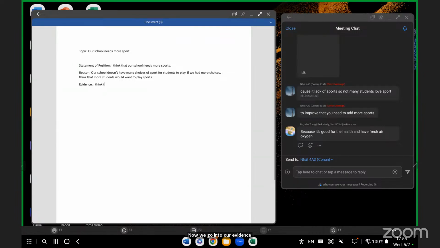I think that this is important because studies have shown. Remember, we want to offer our evidence as facts that other people have spoken about, and we are using them to back our own arguments up.